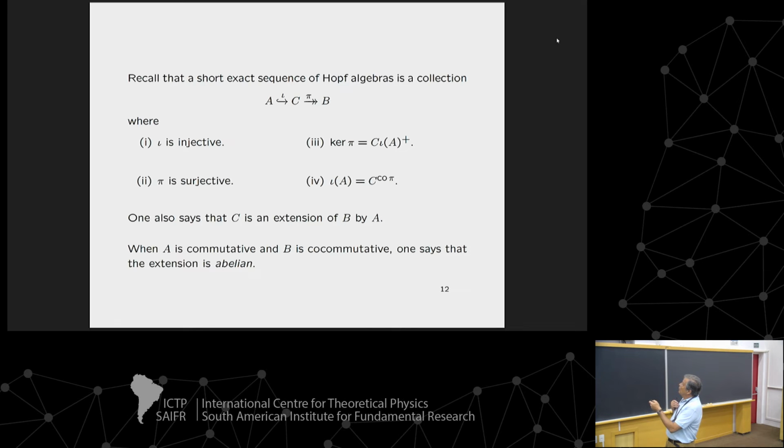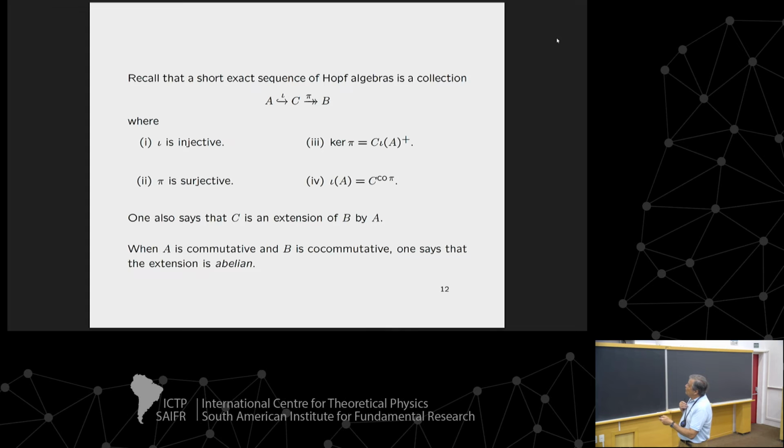The kernel of pi is the left C ideal generated by the augmentation ideal of A inside C. This means that A is normal in C, and then there is the condition that A coincides with the coinvariants of pi. This says that B is a conormal quotient of C. These two relations are dual to each other, as one needs in the theory of Hopf algebras.